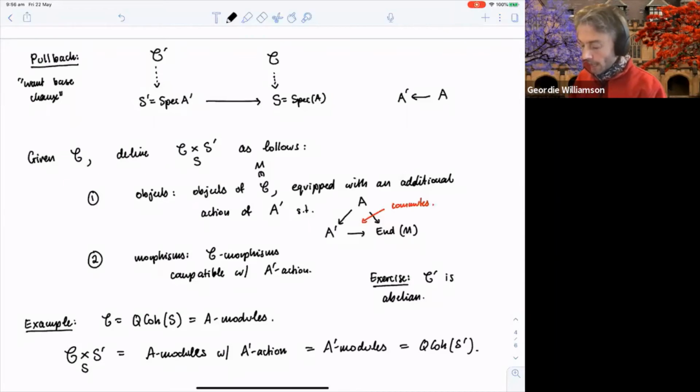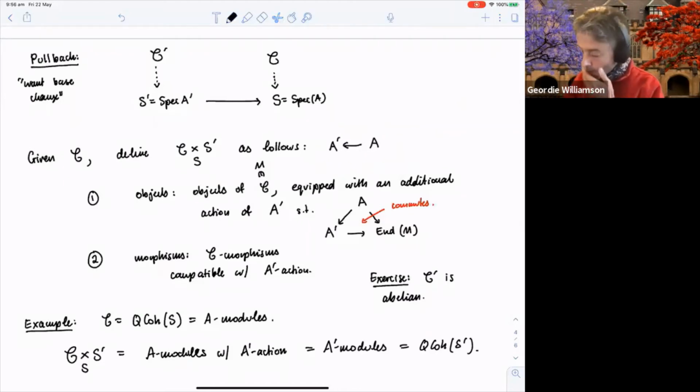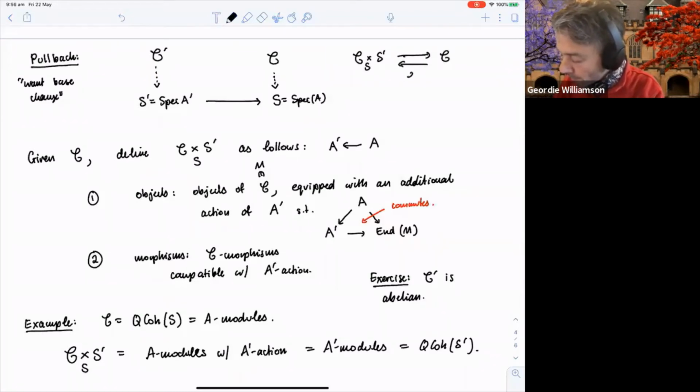Okay, and if I move this down to here, now we have functors, which we denote pull back and push forward. F lower star is just forget the additional A prime action.